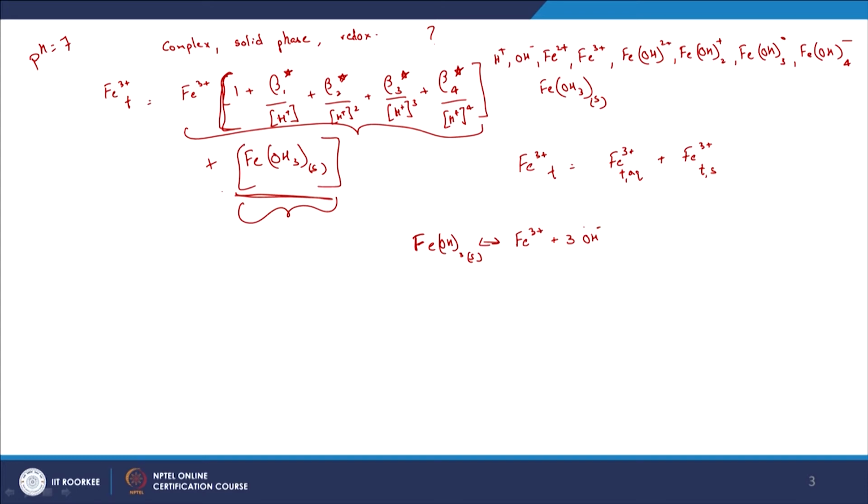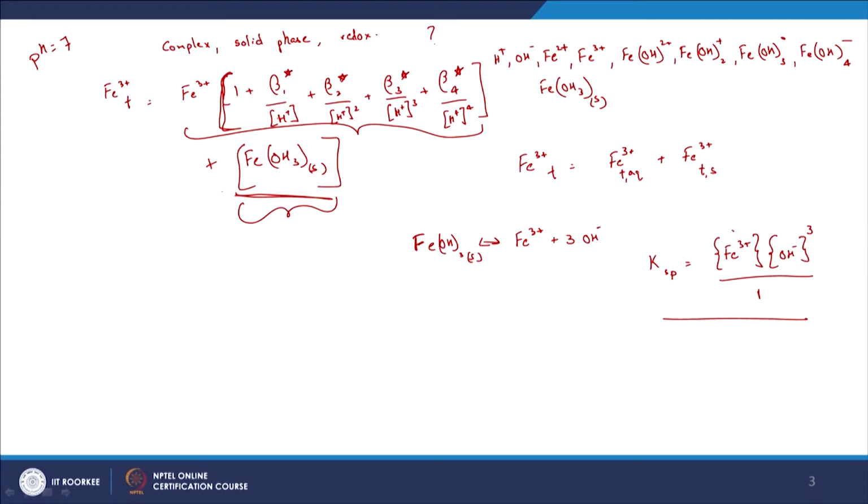From this I will have my solubility product equal to the activity of Fe3+ times the activity of OH- to the power of 3, divided by the activity of the solid, which will be equal to 1. So, from this background with respect to precipitation and dissolution, we have the relevant solubility constant, and with this we now have our second equation.